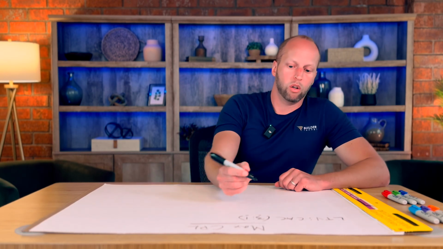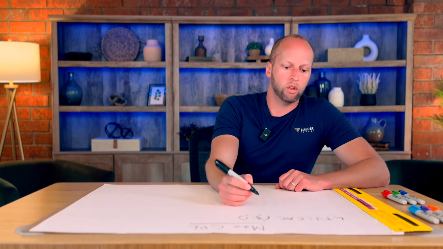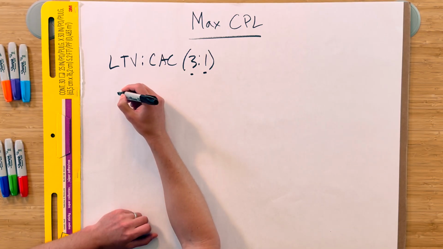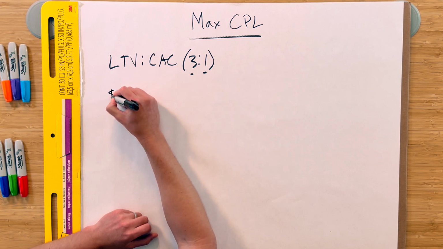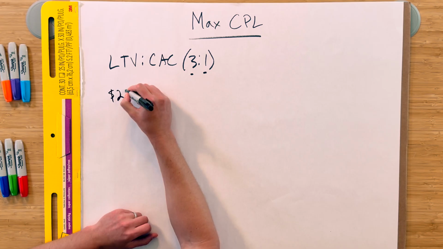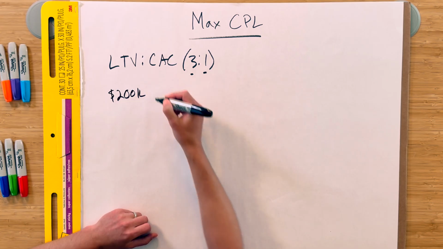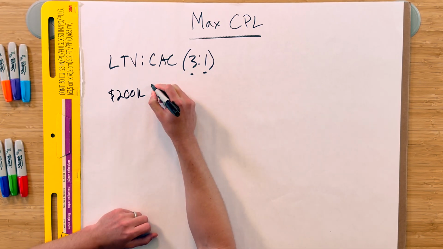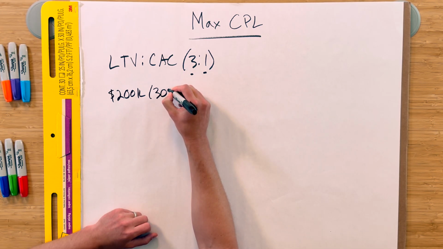Okay, so first step is to uncover your lifetime value. Your lifetime value is going to be your average project size. So we're going to say, in this case, $200,000. And if this is your average project size, we need to multiply that by your gross margin percentage.